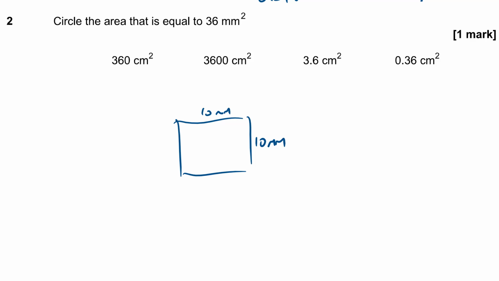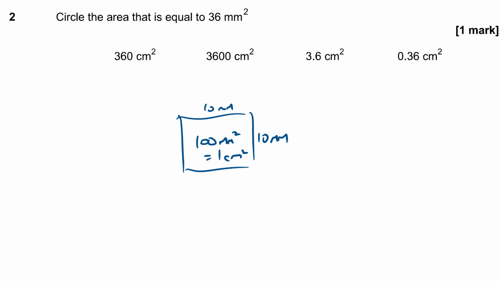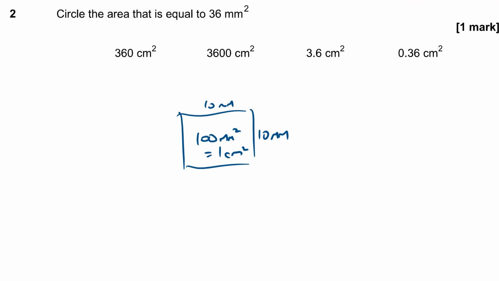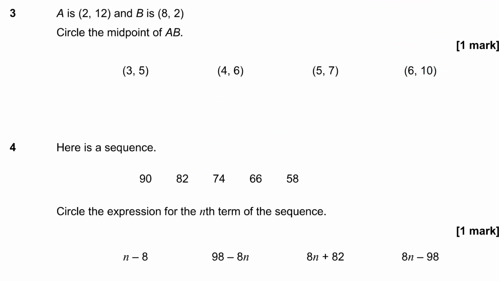So 10 times 10 means I'm going to have 100 millimeters squared for every 1 centimeter squared. So 36 millimeters squared, I'm going to have to divide by 100. So 36 divided by 100 is going to be 0.36.